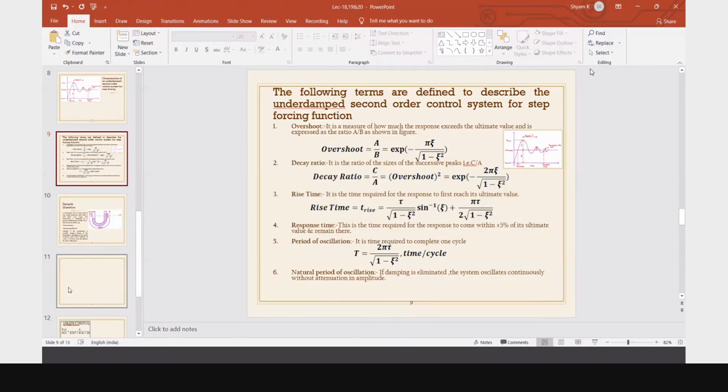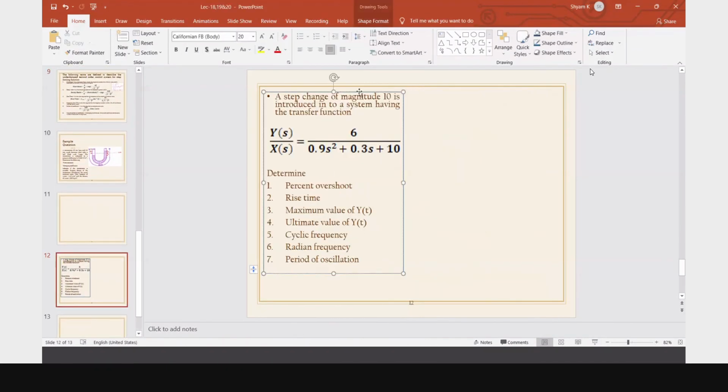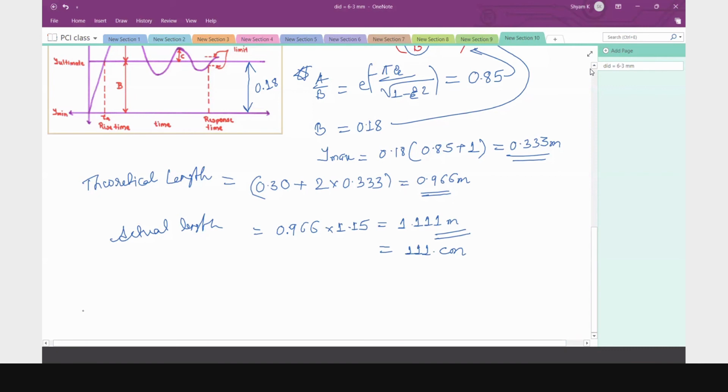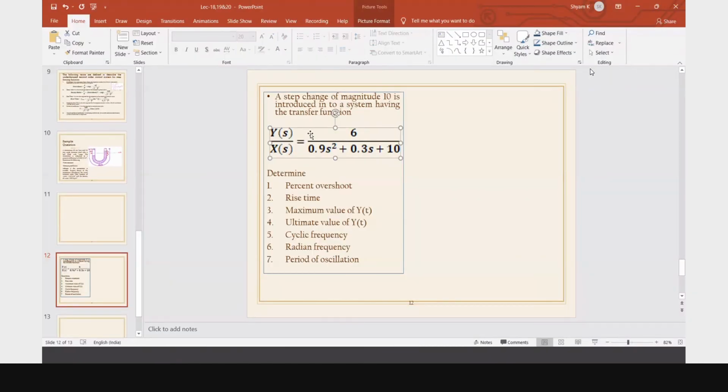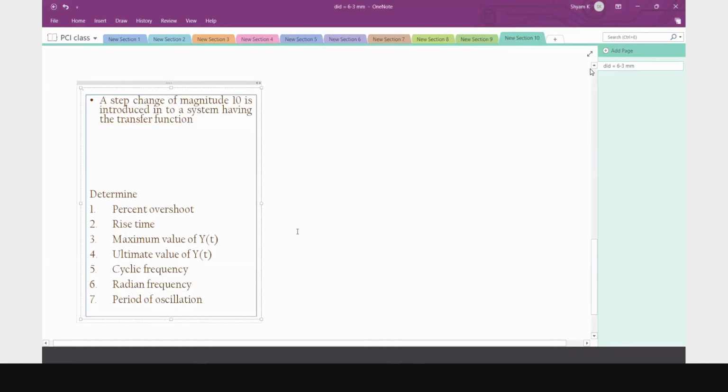ओके, now I would like to again take one numerical। ये देखिए, ये भी एग्जाम में पूछा गया न्यूमेरिकल है। ये क्वेश्चन है, a step change of magnitude 10 is introduced into a system having the transfer function Y(s) by X(s) is equal to 6 by 0.9 s square plus 0.3 s plus 10.